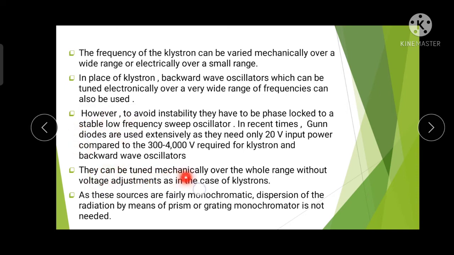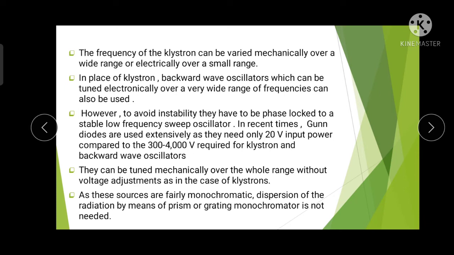They can be tuned mechanically over a whole range without voltage adjustment, as is needed in the case of klystron. That means if we use gun diodes, they can be tuned mechanically over a wide range of frequency without any adjustment of the voltage.